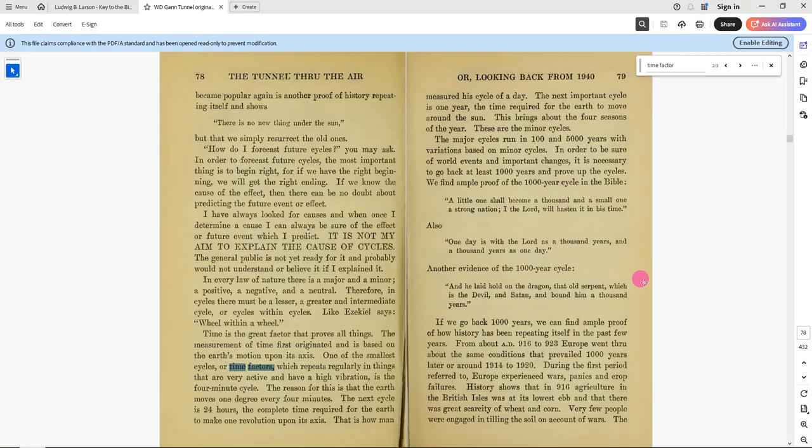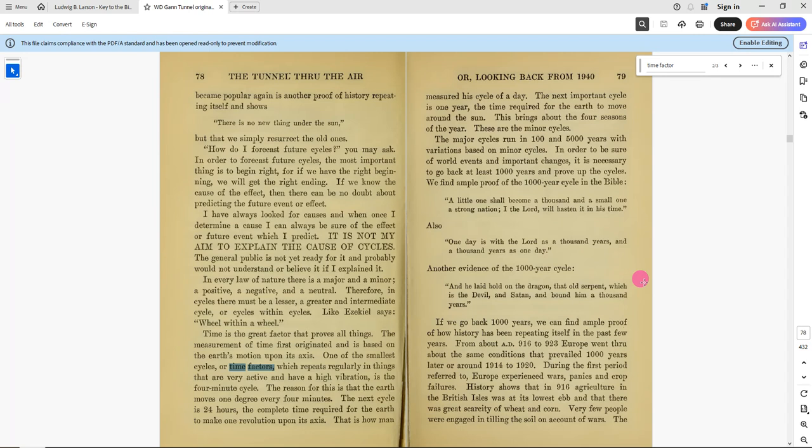One of the smallest cycles or time factors, which repeats regularly in things that are very active and have a high vibration, is the 4-minute cycle of the Earth's rotation. 1 degree on the ascendant every 4 minutes. Okay, so now he's telling you that a time factor is also a cycle.